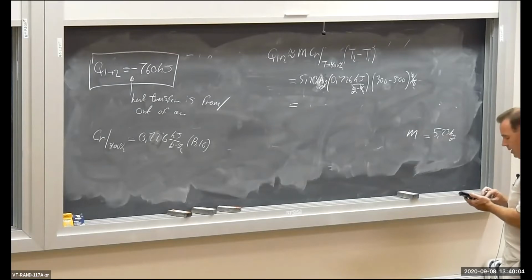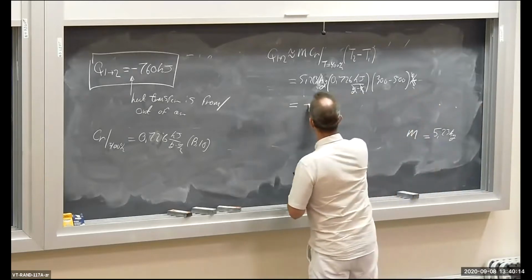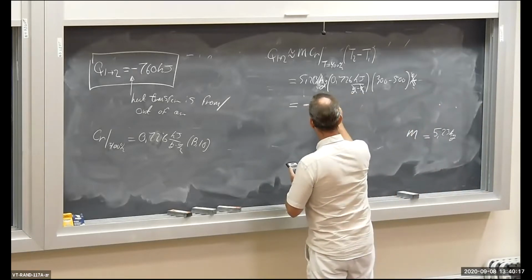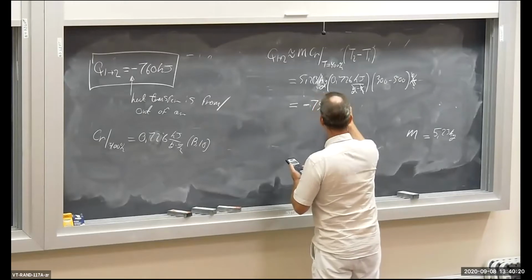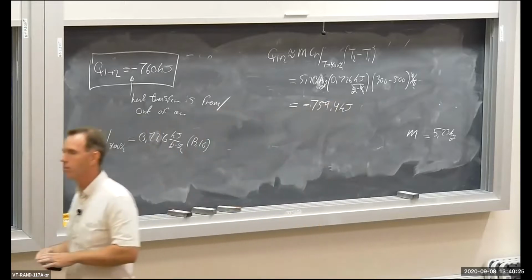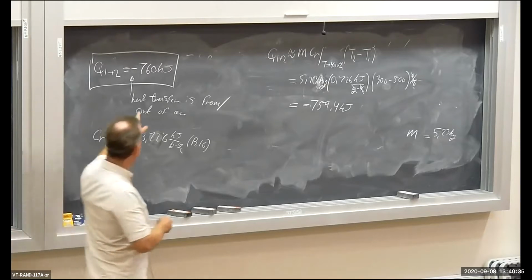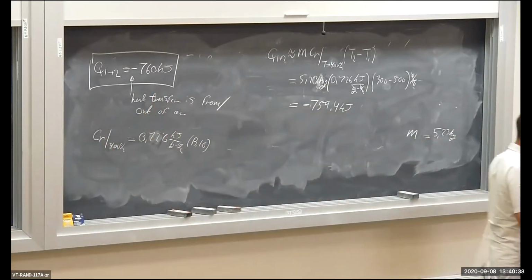Let's see here, 5.23 times 0.726 times 200, and that'll be negative 759.4 kilojoules. So the true value using the exact properties out of the property tables is 760 kilojoules.